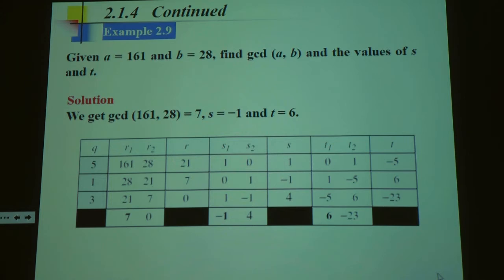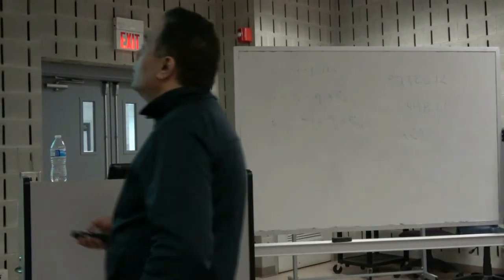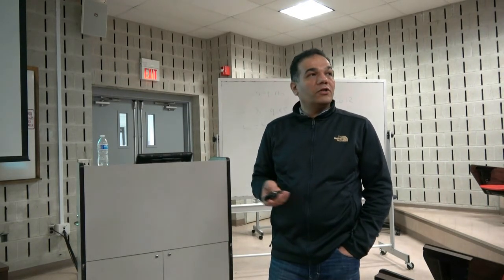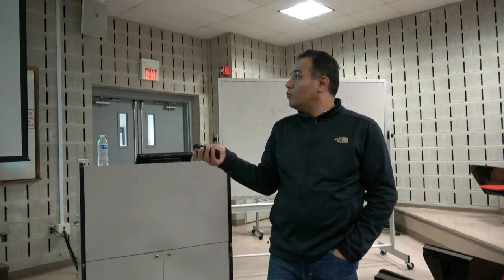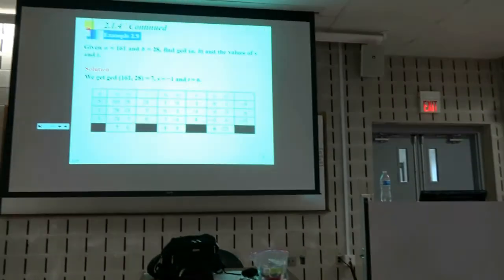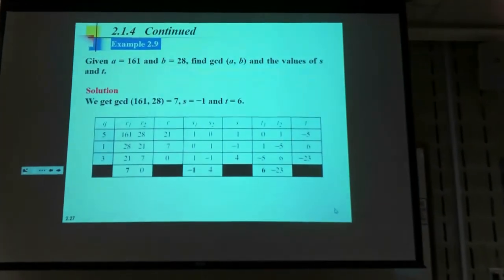What you get, the greatest common divisor, you get an integer T and you get an integer S. Sorry, are S1, S2, T1 and T2 default numbers, like constants? Yes, constant, we start with 1, 0 and 0, 1. And then you do the calculation according to the formula until we finish.